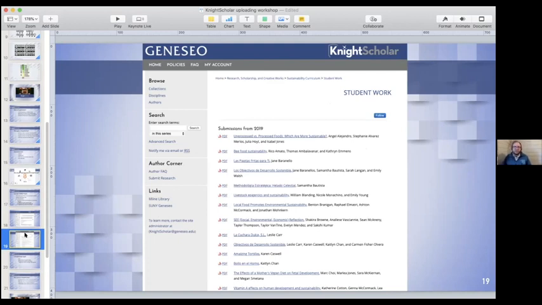So students from 2019 and 2018 put their small flyers into KnightScholar, and then students in the next semesters would be able to refer back to them as a way of seeing the different forms of communication that scholars often use, and this is one of them.